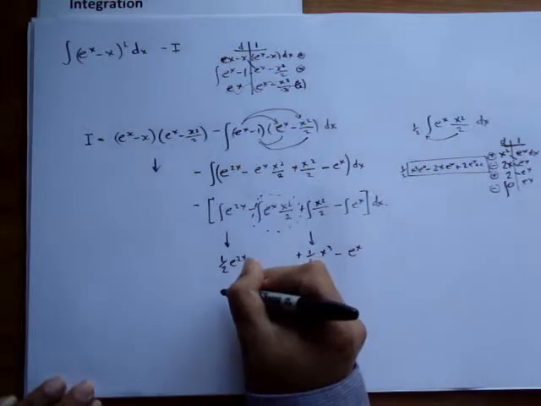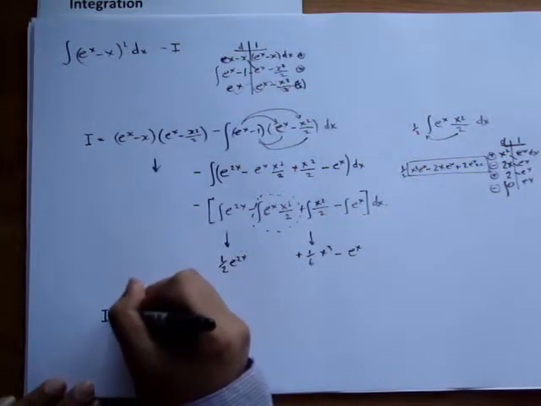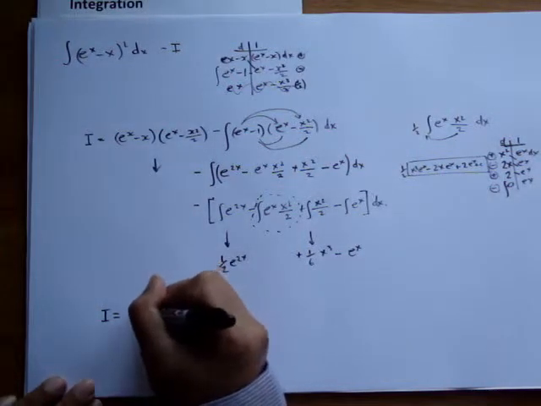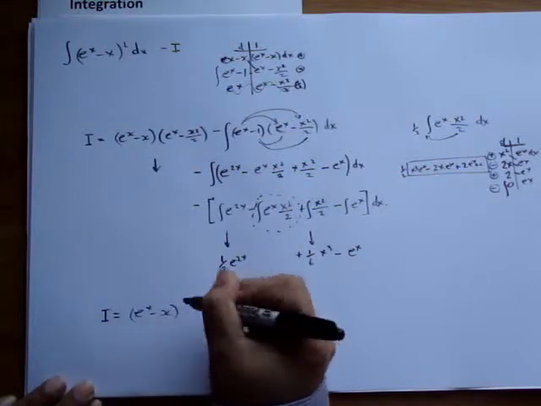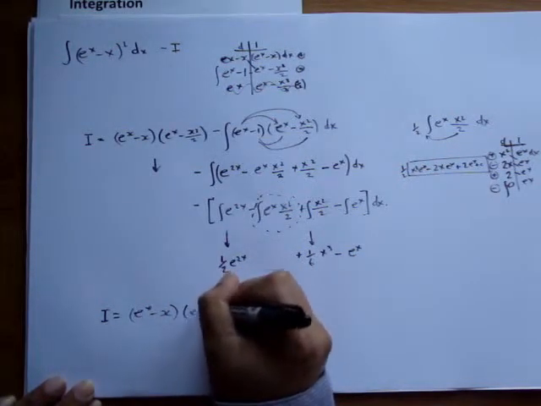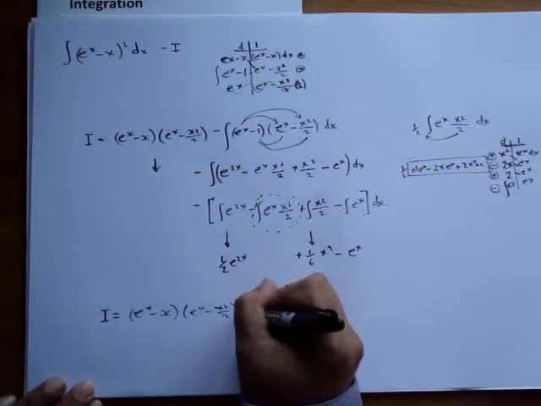So this then becomes I equals e to the x minus x e to the x minus x squared over 2.